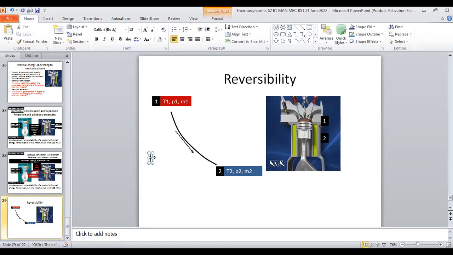When this expands, it is process 1 to 2, a thermodynamic process.